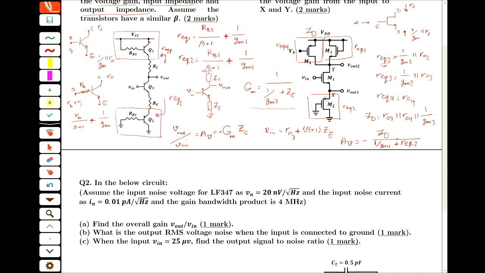The IE of transistor 1 equals the IC of transistor 2. But if we assume that beta is very high, which is the case, then we can say that they are the same and the GM are the same.